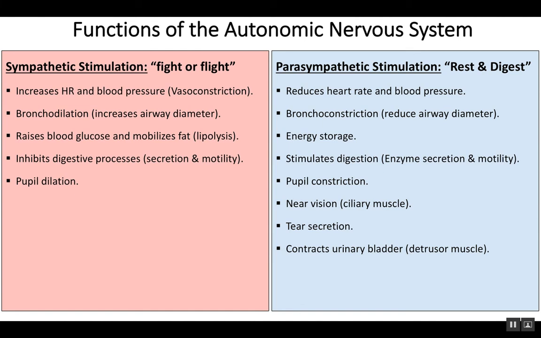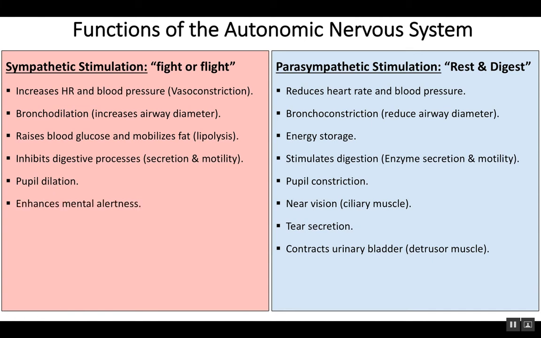Pupils dilate. One thing you might want to think about there is if you get in a car accident, you want to be able to assess your environment. Maybe it's a severe accident and you need to get out of that car. Your pupils will dilate. That allows you to see more of your environment. But notice near vision is more parasympathetic. Distant vision is more sympathetic.